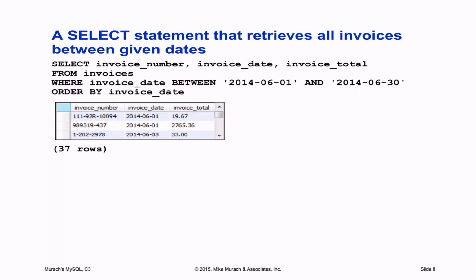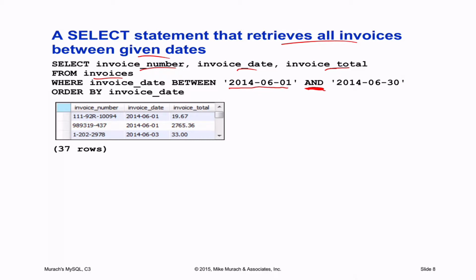Now here's one that's going to retrieve all invoices between given dates. So we're adding some more modifiers here. We select the data items that we want: the invoice number, the invoice date, and the invoice total from the invoices table, but we only want where the invoice date is between, and you can see here we're putting a date in single quotes, and then we're using the AND keyword.